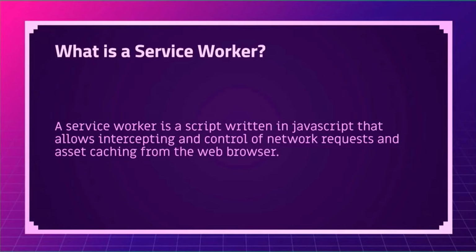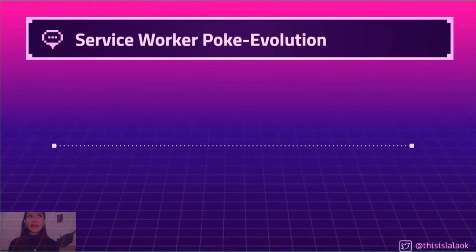But once you build and install a service worker, it has a life cycle that you have to know, which is really important in order to understand what we're going to talk about later. So let me talk to you about the service worker Poke evolution.